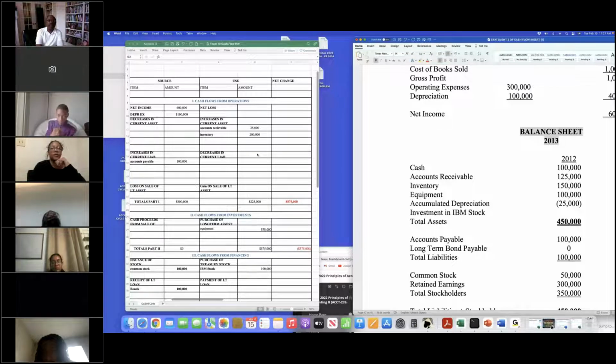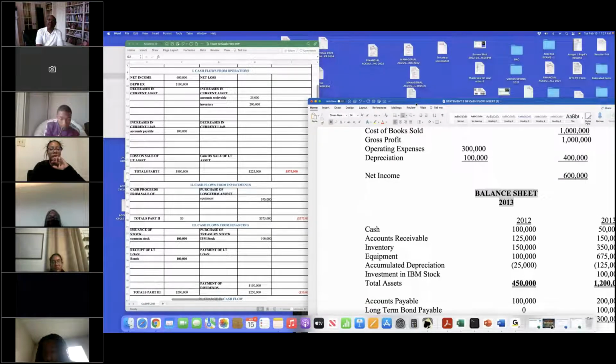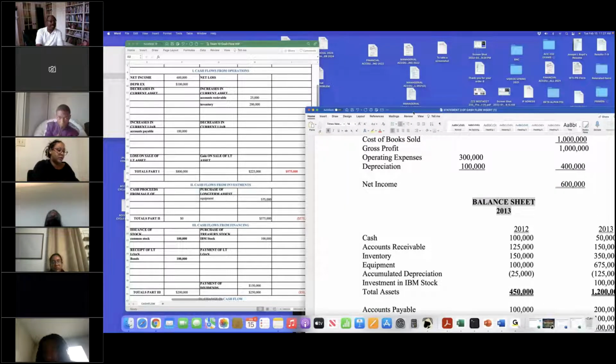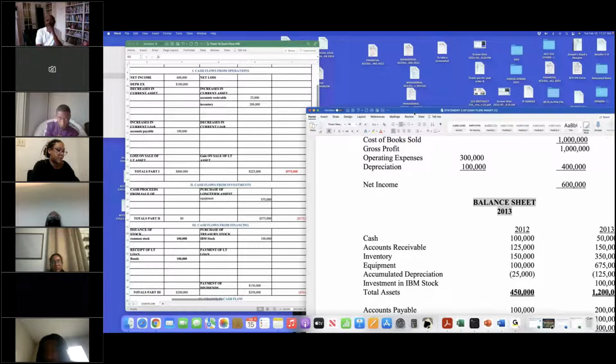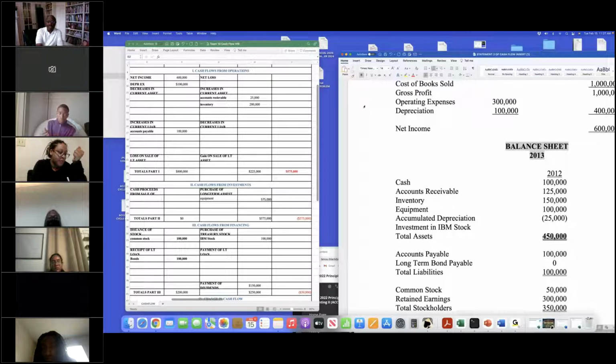It did. It was 150,000. How'd you get 150,000? It's the beginning retained earnings plus the net income minus the ending retained earnings equals the dividend. Right?